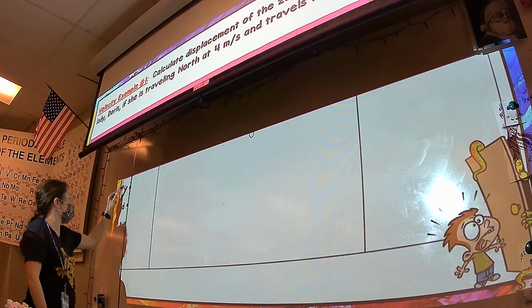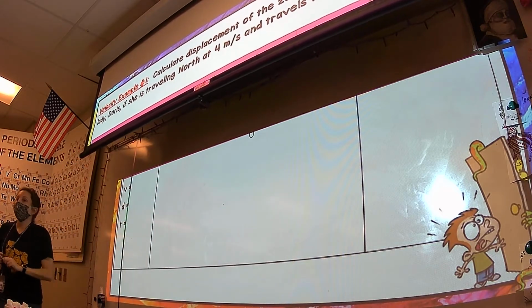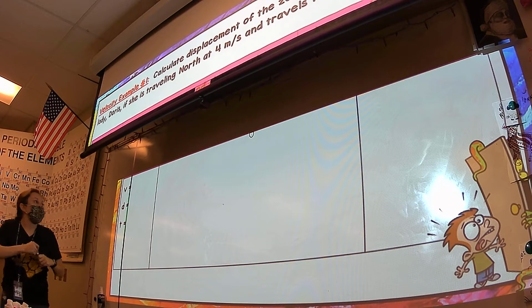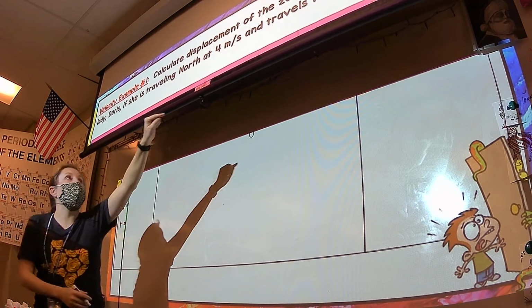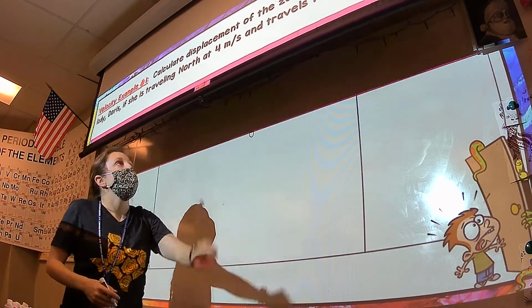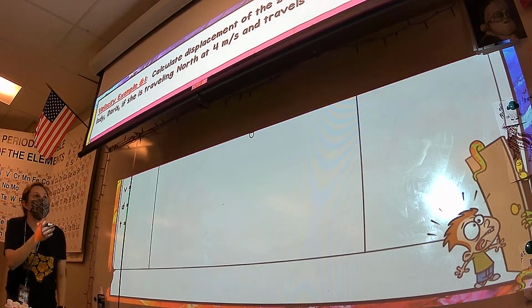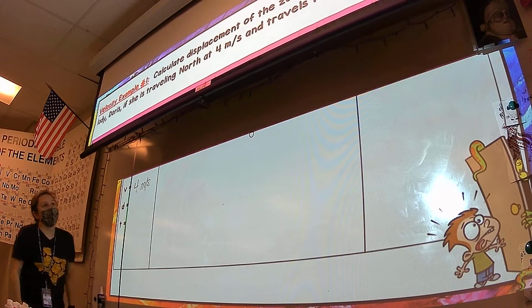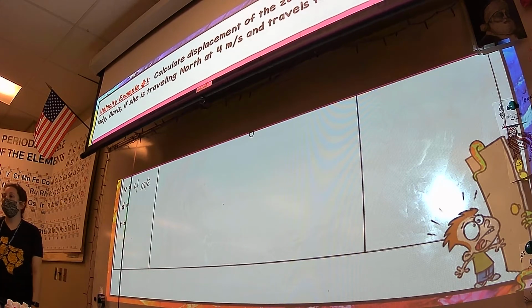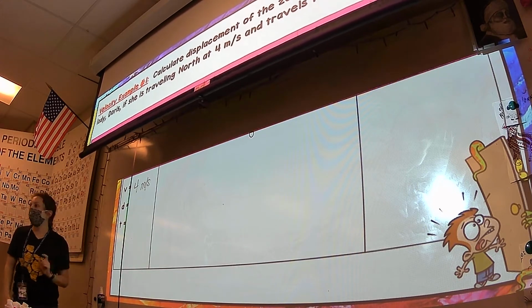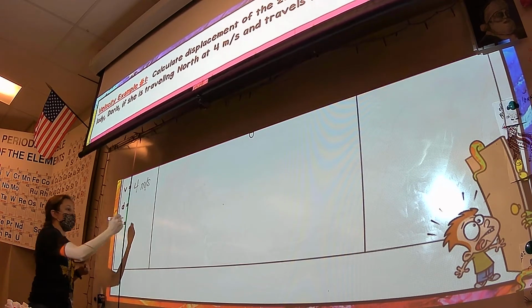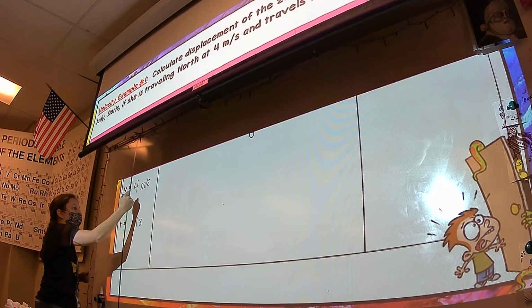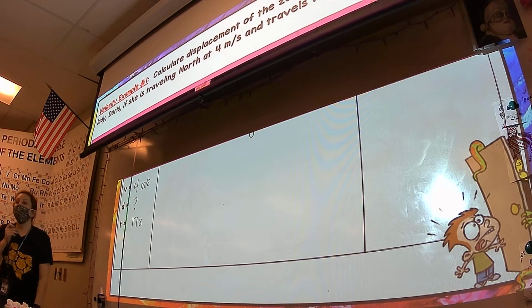Is that v, d, or t? That's going to be velocity. Velocity and speed are the same as far as these units go. With the direction, it's just velocity. So, velocity equals 4 meters per second. What about 17 seconds? Is that displacement or is that time? Time. So I'm going to have 17 seconds here. So I'm looking for displacement.